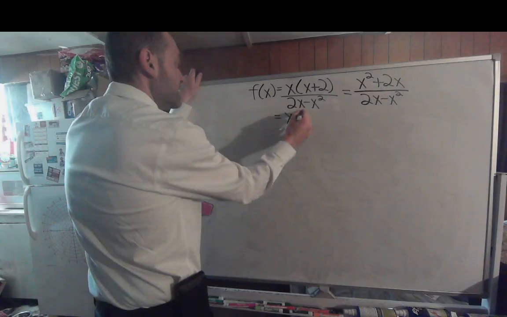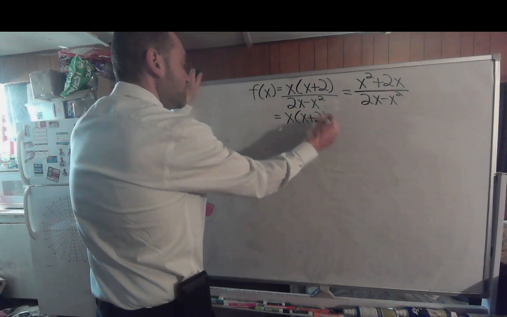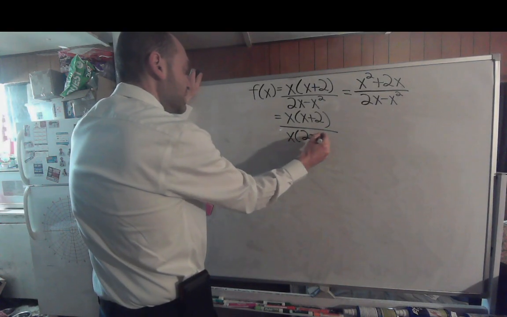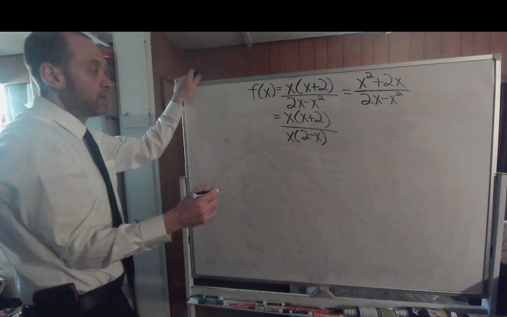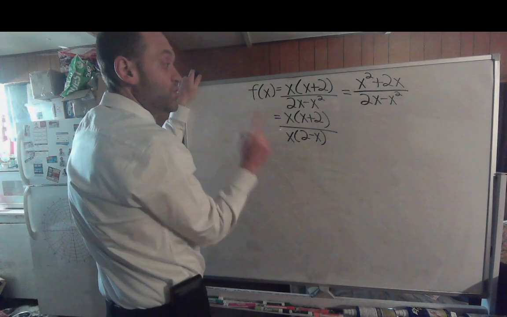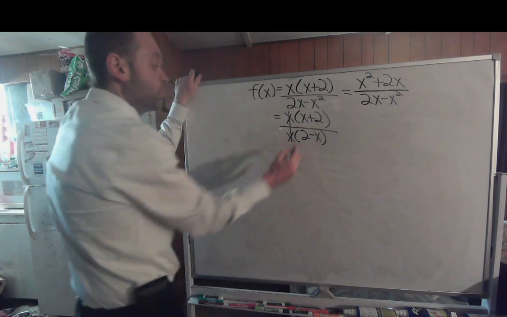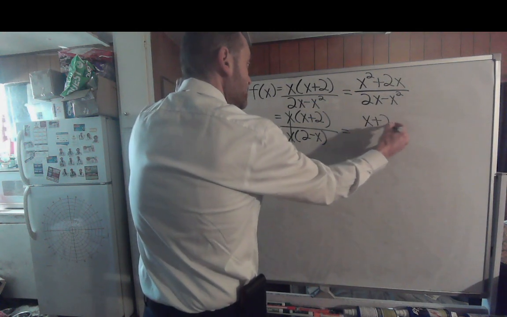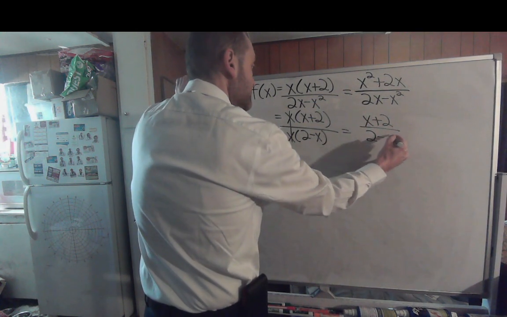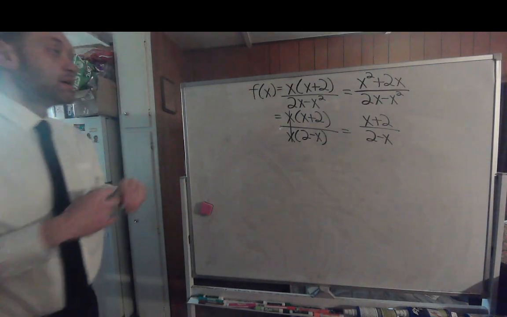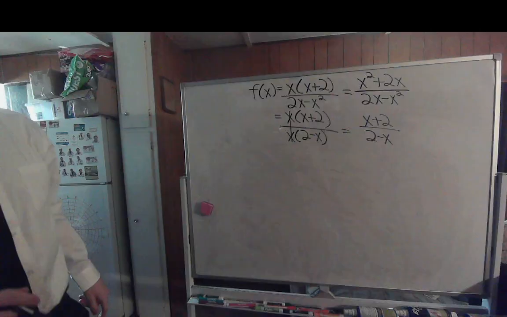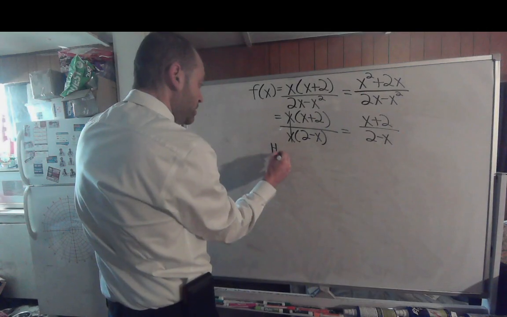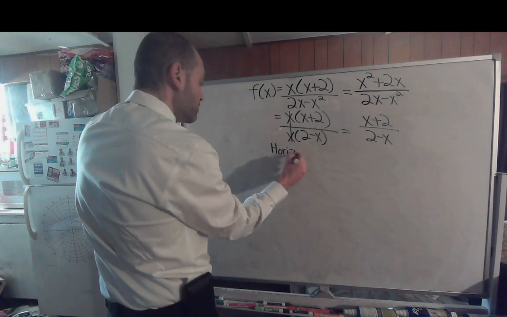You would have x over x plus 2 all over x times 2 minus x. Well, notice your x's cancel out. So this would in fact simplify into x plus 2 over 2 minus x, which in fact would give you a horizontal asymptote at y equals negative 1. That much is true.